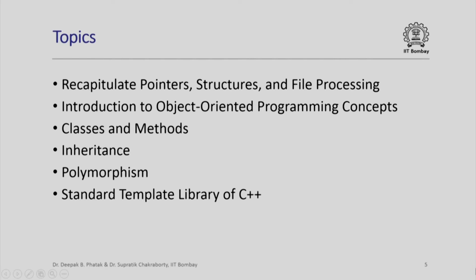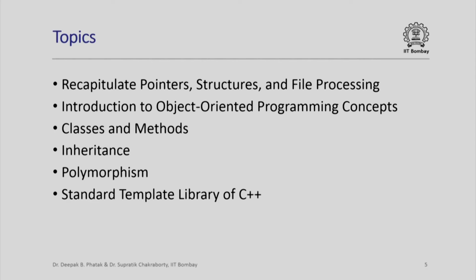The topics which have been listed to be covered in this course are, to begin with, a recapitulation of pointers, structures and file processing, followed by an introduction to object-oriented programming concepts. Next, we study the topic of classes and methods.